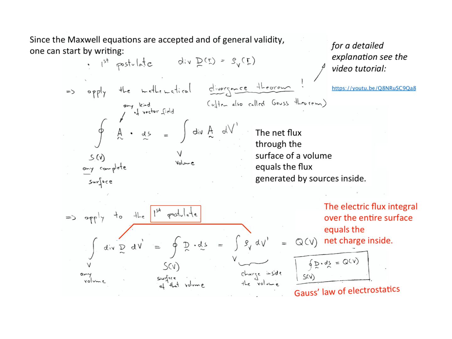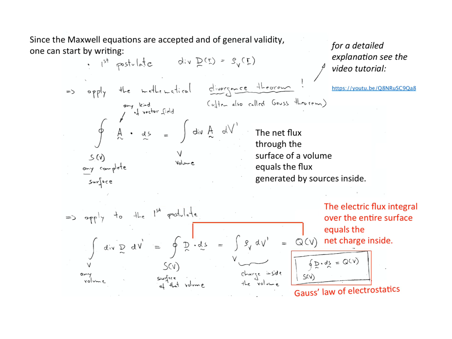Now we apply the first Maxwell equation and replace divergence D with the charge density rho v. Carrying out the volume integration over the charge density rho v gives us the total charge Q of v, the total charge inside the volume v.